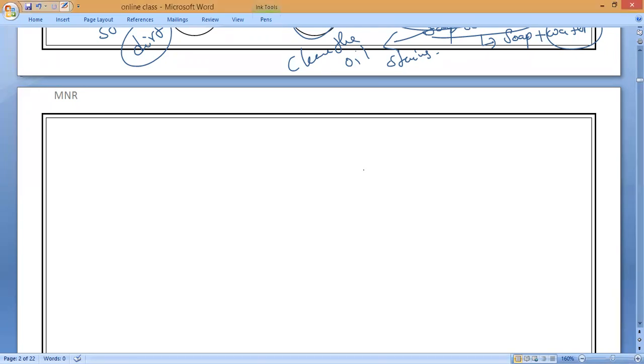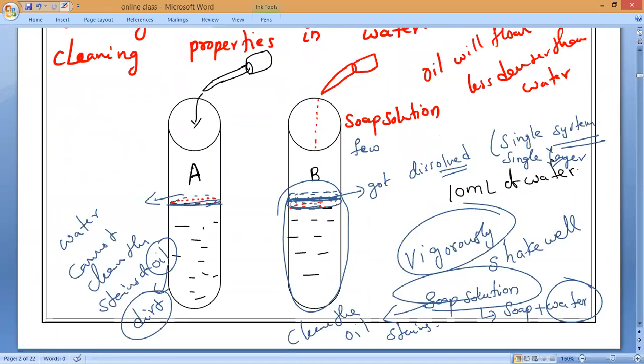But if you apply some soap or any kind of liquid, the oil will immediately be washed away from your hands, because soap solution can dissolve that oil. That is why they are called cleansing agents. Do you understand, everybody? This activity proves that a soap solution is the one that can remove oil, dirt, and all.